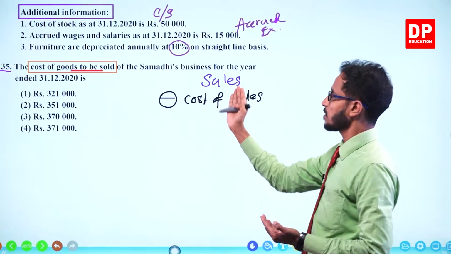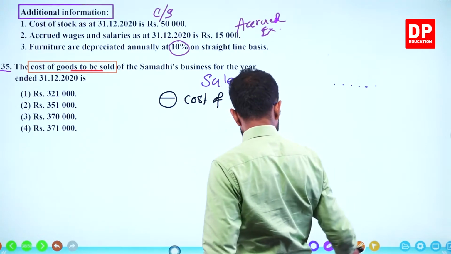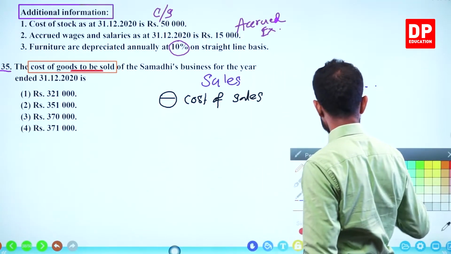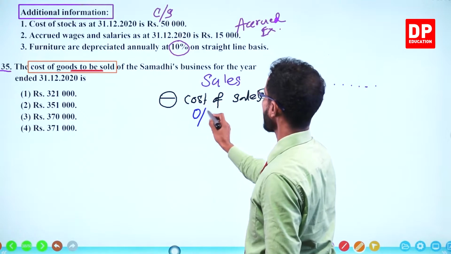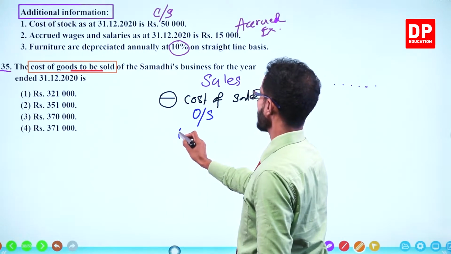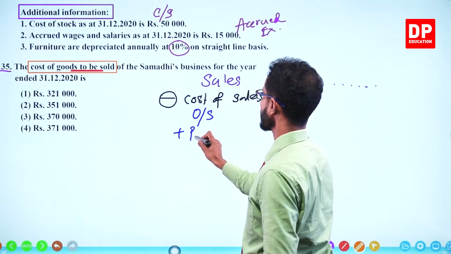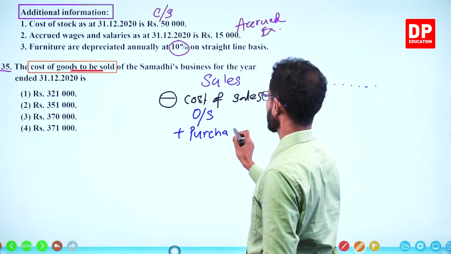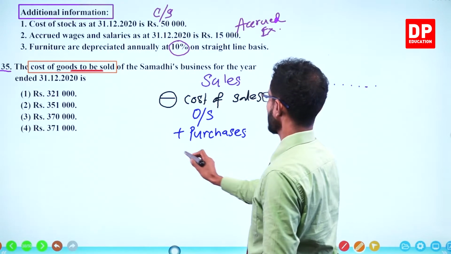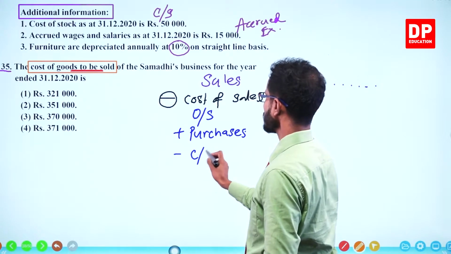Under cost of sales, what items should come? Opening stock plus purchases minus closing stock.